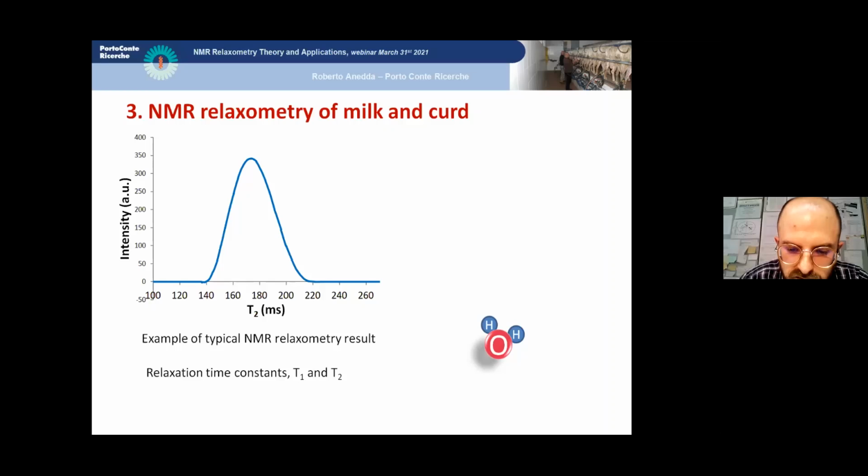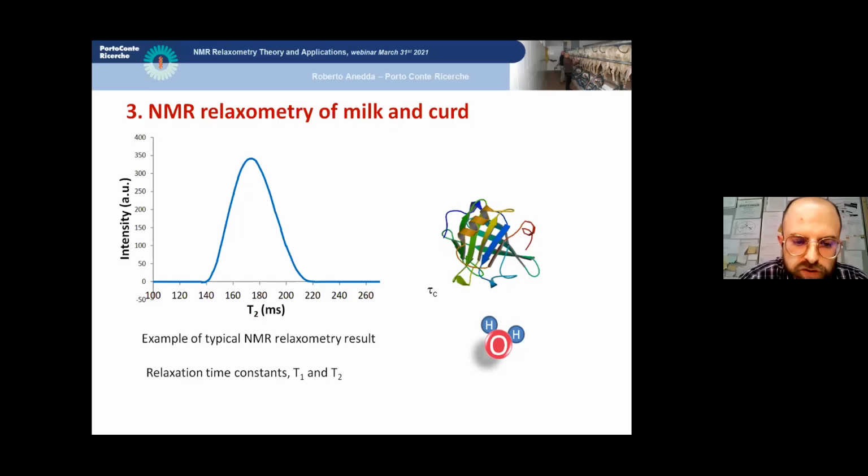This animation here, which I prepared, gives an idea of what is meant when I say molecular mobility. Protons mainly come from water in milk, so the signal is very influenced by water mobility. Both water molecules and proteins are free to rotate in solution. The bigger the molecule, the slower it will move.